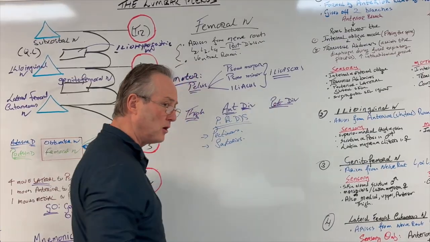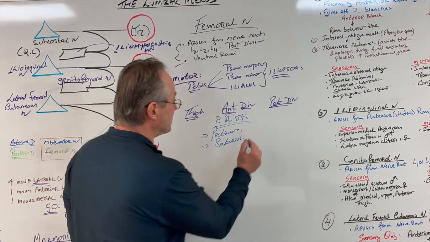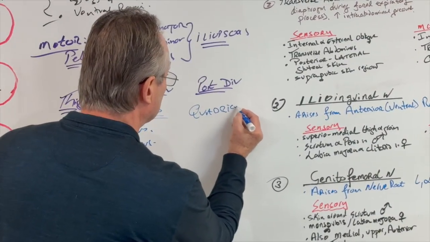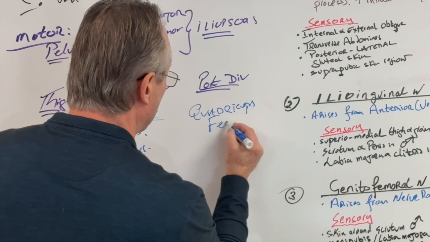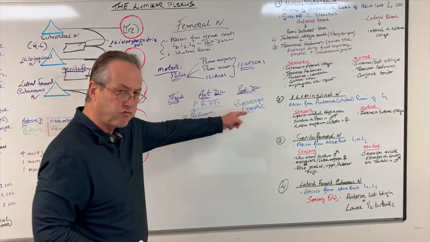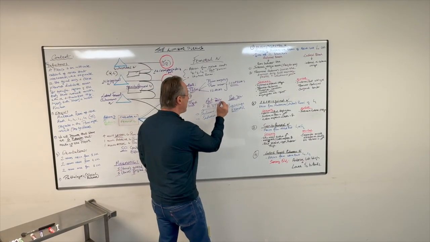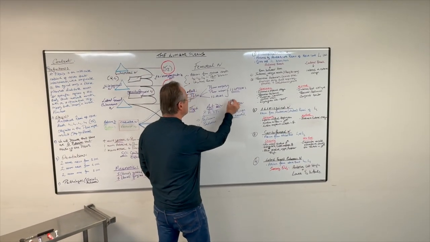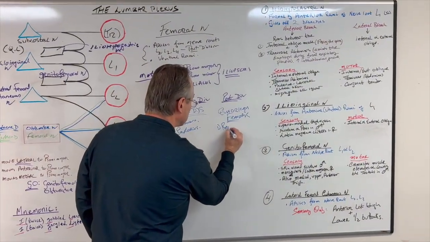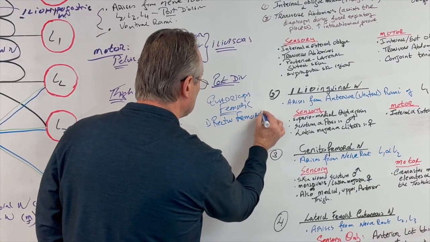What about the posterior division? What do they do? Everybody's heard of the quadriceps. Quadriceps femoris. Okay, quad meaning 4. What 4 muscles are innervated by the posterior division of the femoral nerve? Number 1, rectus femoris.